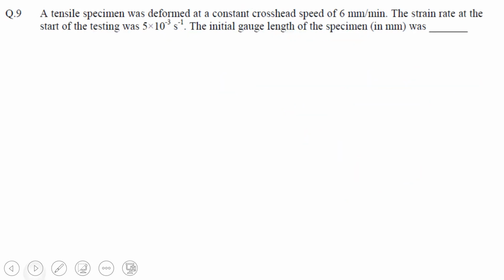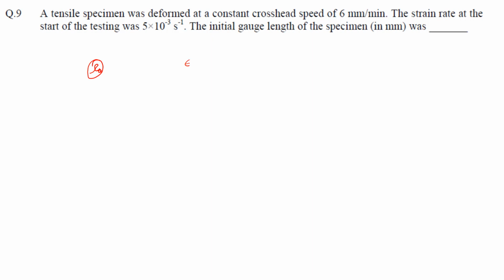Now let us proceed. A tensile specimen was deformed at a constant crosshead speed of 6 mm per minute. The strain rate at the start of the testing was 5 into 10 power minus 3 per second. The initial gauge length of the specimen was. Suppose initially the length was L naught, let us take.